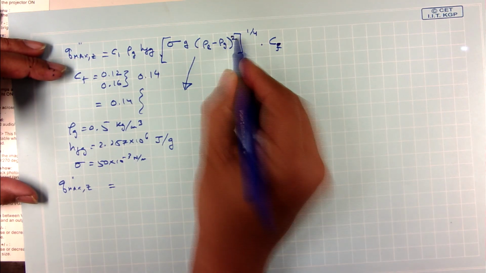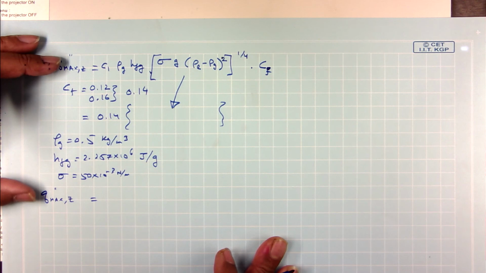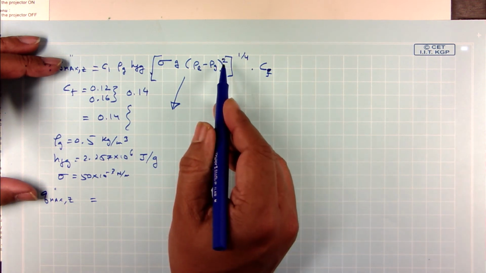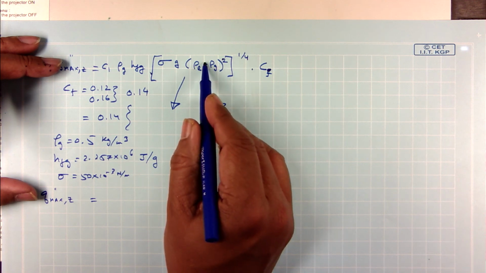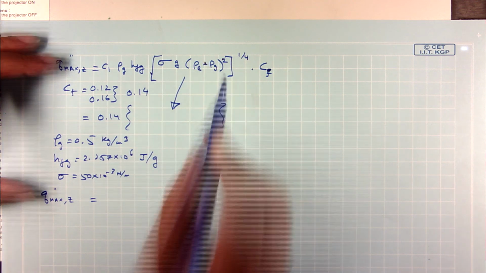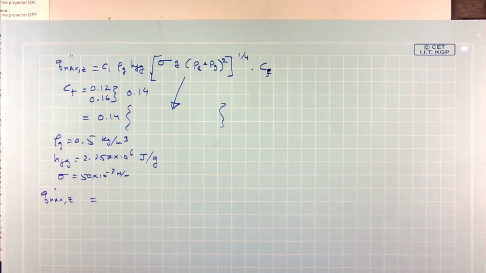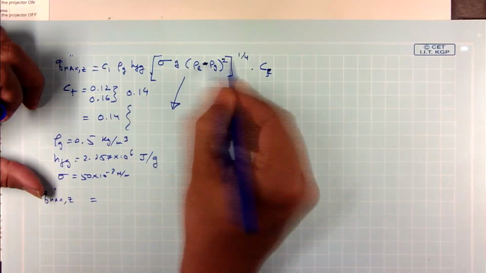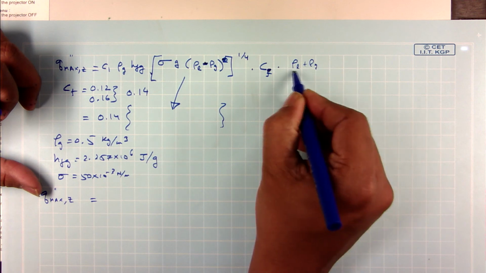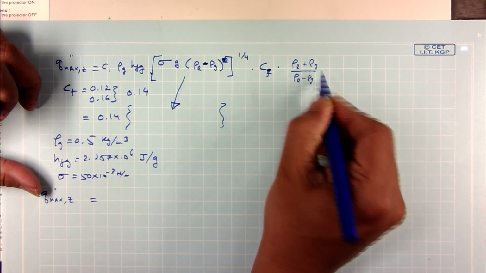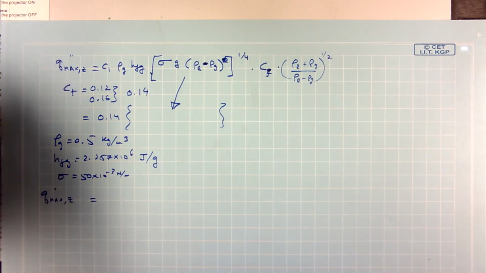Isn't there a square there? One more term? So, rho L plus rho g square or rho L minus rho g square? Well, I have to look it up now. So, there is one more term here, rho L plus rho g, to the power of, well, this is approximately 1 anyways.